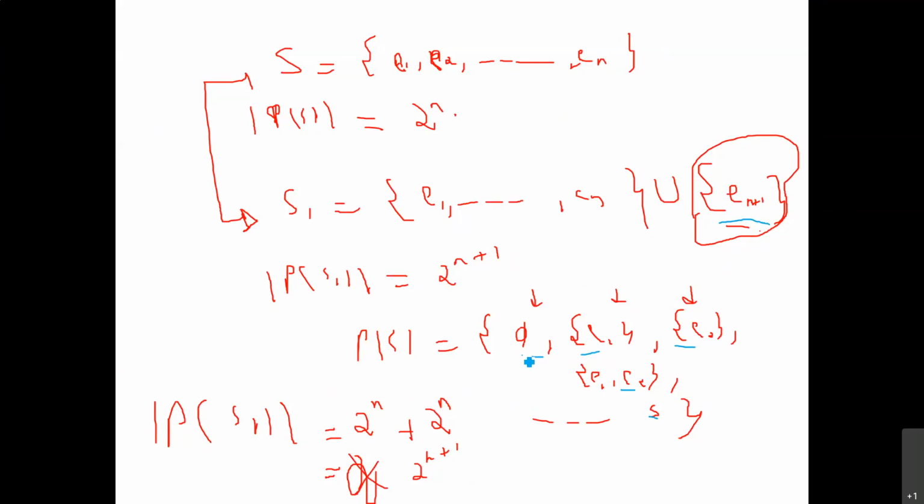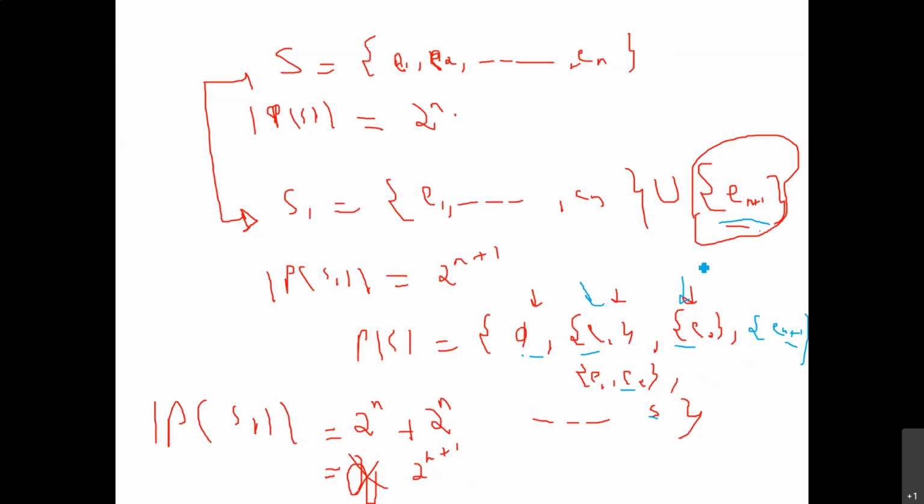For example, phi, when we add to it this new element, we have the singleton that has the element e of n plus 1. When you add e of n plus 1 to each of the single sets, you now have all the sets with two elements that have e of n plus 1. Same thing for the triples, for the quadruples, and so on.